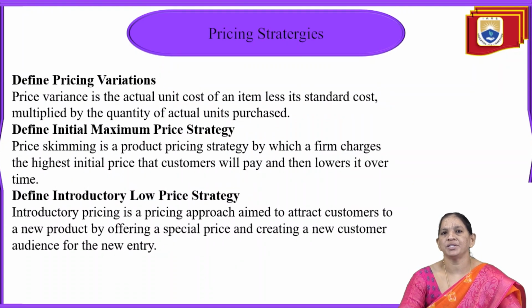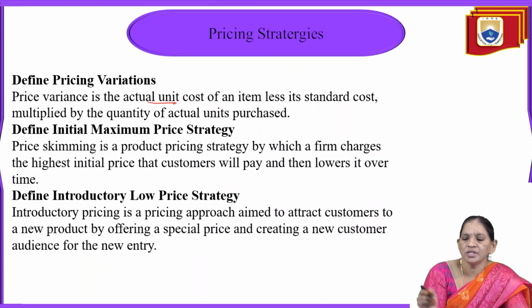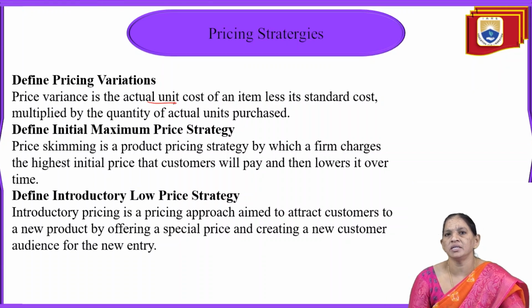Define pricing variation. Pricing variation is the actual unit cost of an item less its standard cost, multiplied by the quantity of actual units purchased. Here the price variation relates to the change we can see in the unit cost of an item.